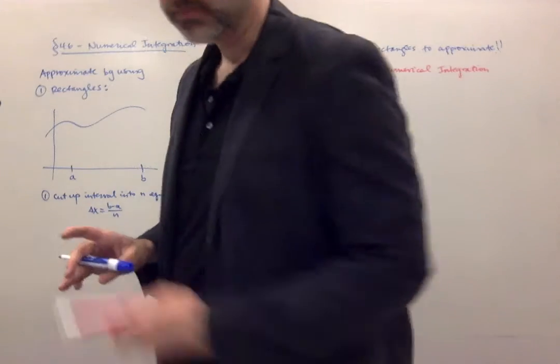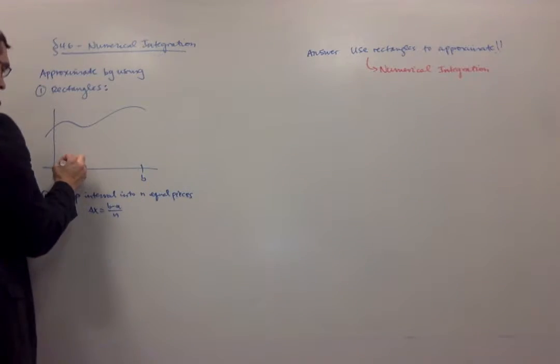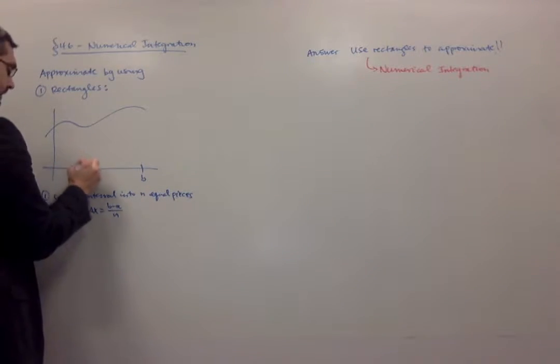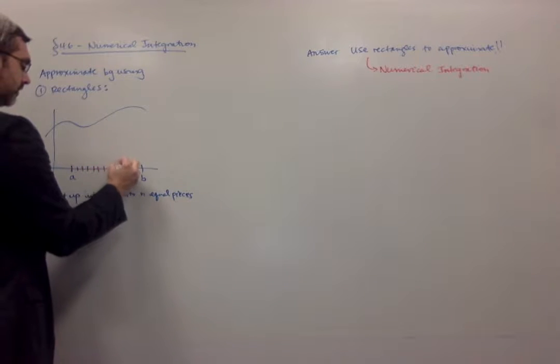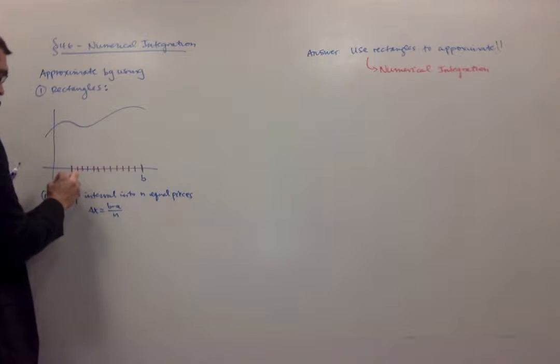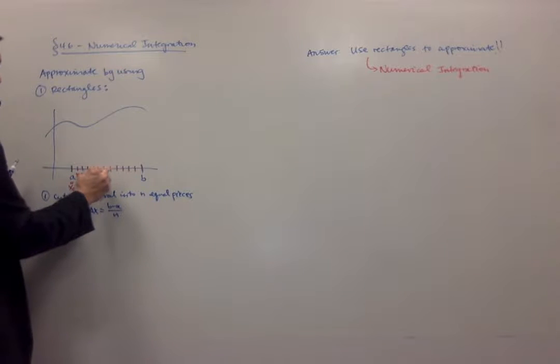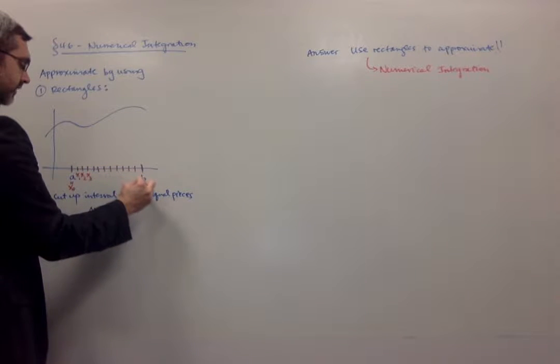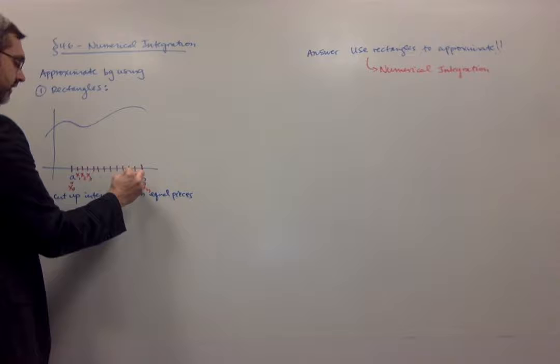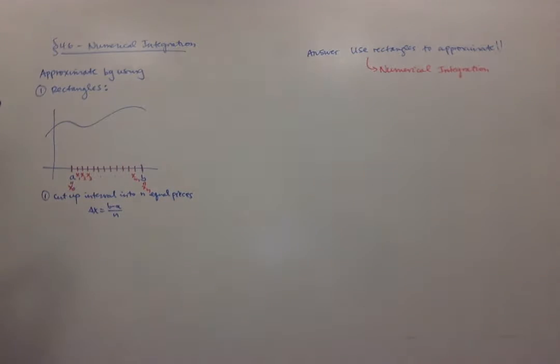So I'm going to cut this up into n equal pieces. And I'm going to label this first one x0, the second one x1, the third one x2, x3. The last one's going to be xn, so the one before that is going to be x of n minus 1.